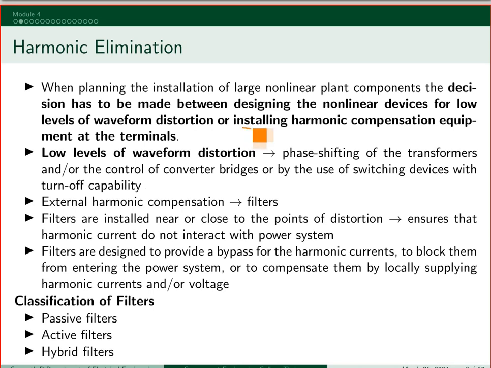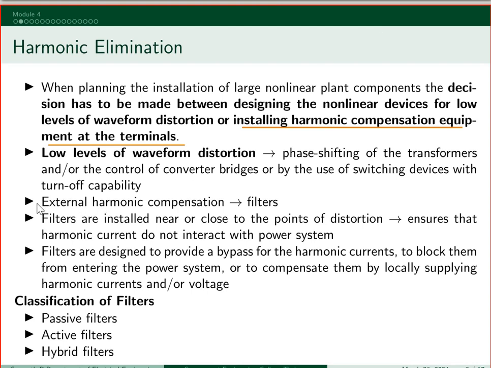Or you can also think about installing harmonic compensation equipment at the device terminals. So this is the second method. Once you are not able to completely eliminate the harmonics with the choice of your working equipment, you can always install compensation devices or elimination devices which support harmonic reduction and elimination.